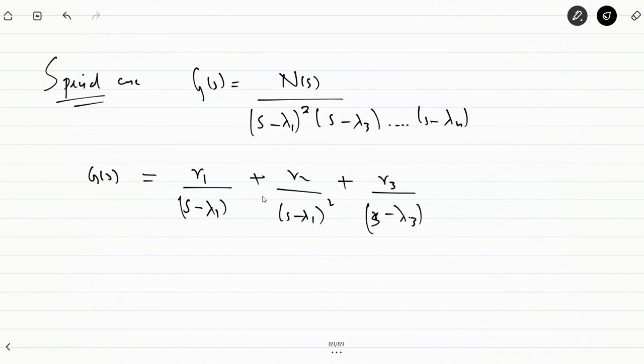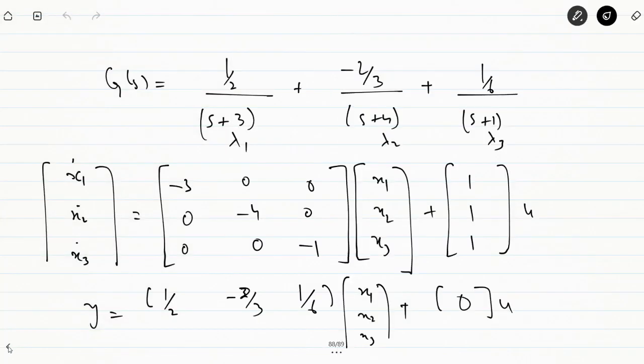So here you have s minus lambda 1 and (s minus lambda 1) square. When you do the partial fraction of a system that has repeated roots, you will obtain this type of partial fraction: r1 divided by s minus lambda 1 plus r2 divided by (s minus lambda 1) square. So then you have to model this system. So in this case, what will happen?